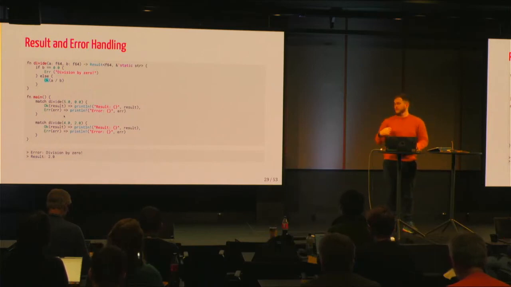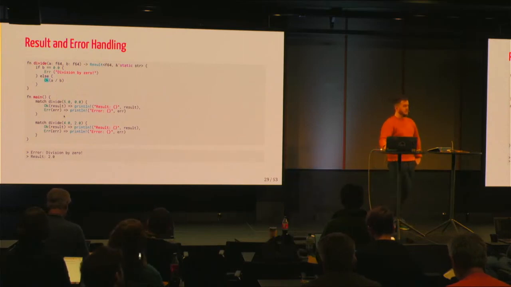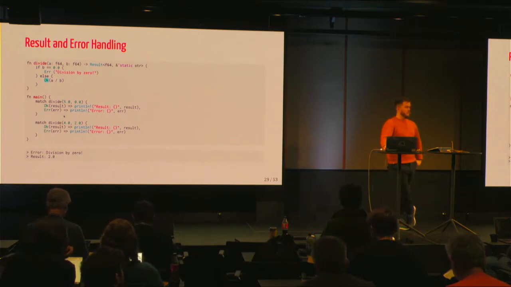You can't name a variable Error, I think. Yes, you can. I think it's just an enum. Just an enum? Yeah, I think so. But it's reserved, I don't know. It's in the global scope, so I guess you will get some error if you use Error with a capital E. I'm not sure.